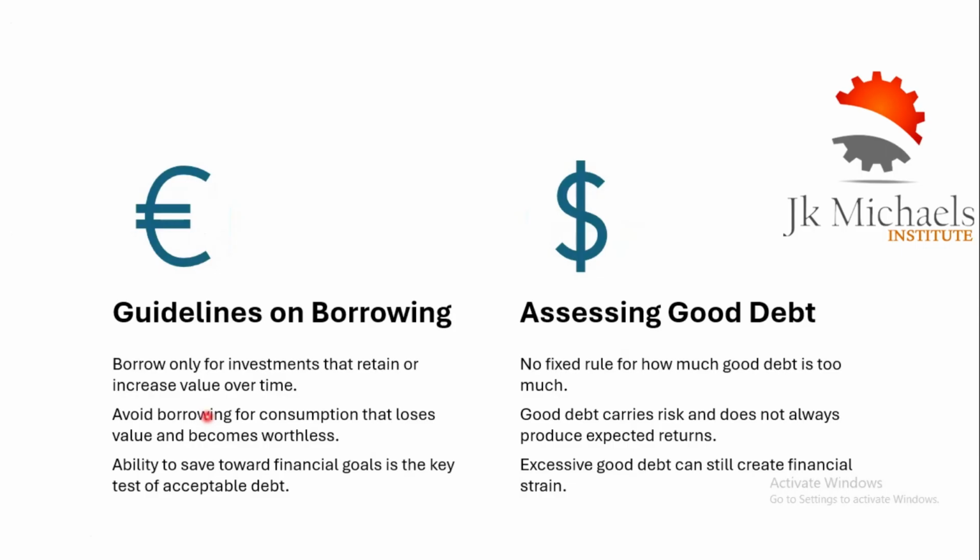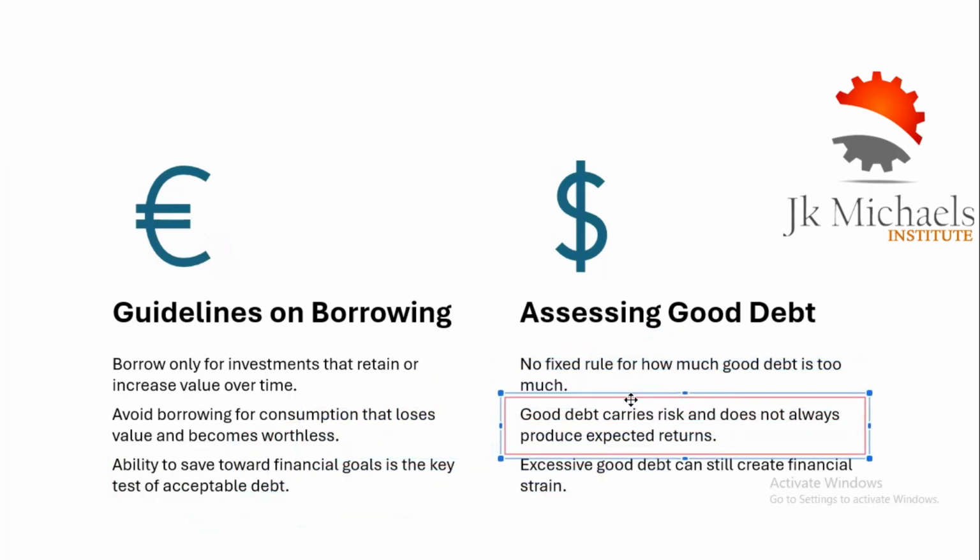If you find yourself not being able to save, and I want to stress this, it's a problem. If your debt is always consuming your total income, so you don't find yourself in a position where you can save, it's terrible, right? Work on reducing that.